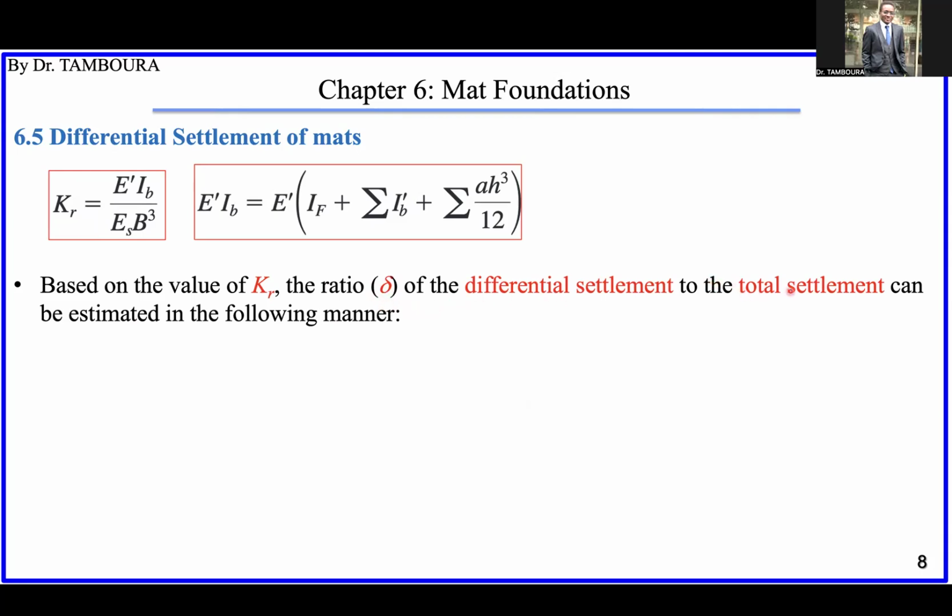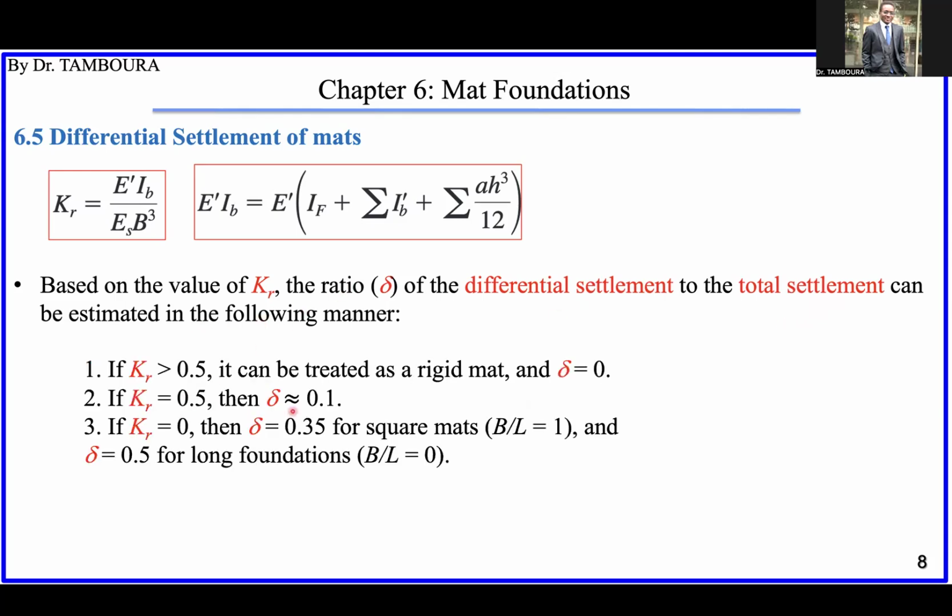So based on this, the value of this coefficient KR, the ratio small delta of differential settlement to the total settlement. There is a difference between differential settlement and total settlement. It is not the same. So the ratio of differential settlement to total settlement can be estimated this way.